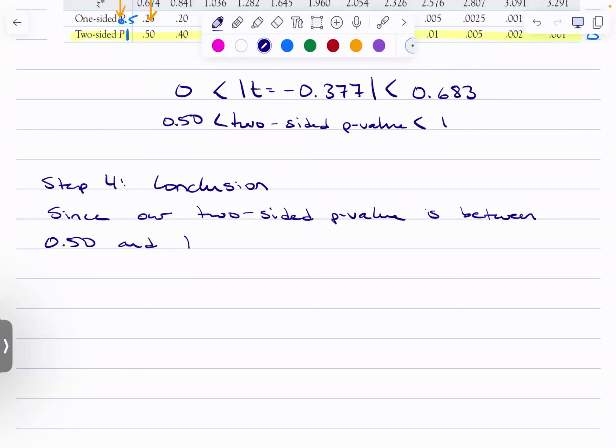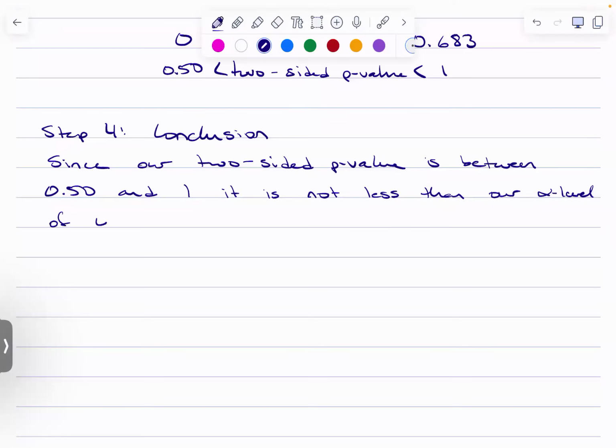Since our two-sided p-value is between 0.5 and 1, it is not less than our alpha level of 0.05, because I don't want to scroll up there, I remember, of 0.05, but it was given.